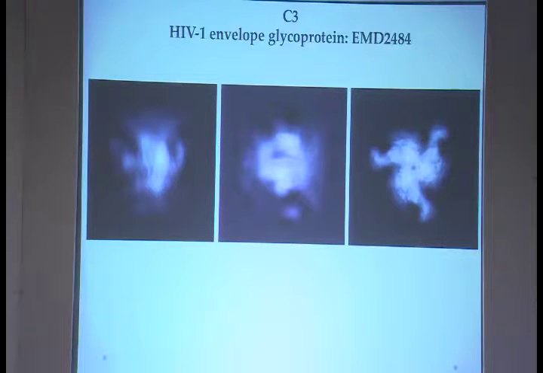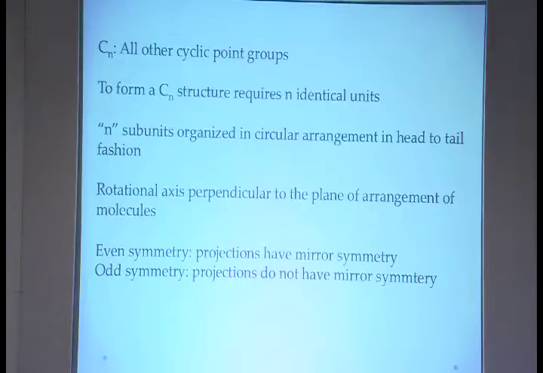So this is how it more or less goes for all Cn molecules, which are all other cyclic point groups. And typically, when you say that there is a Cn structure, it means that you would have at least n identical units. So Cn denotes that at least n identical units would be present in the oligomer that you're working with. And typically, these are organized in a circular arrangement in head-to-tail fashion.